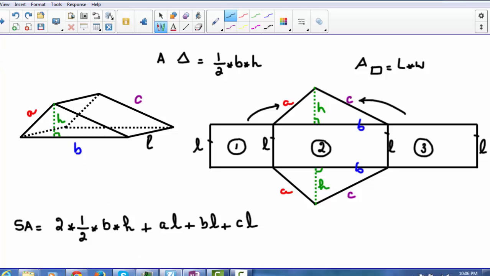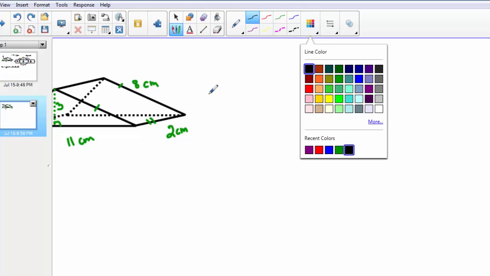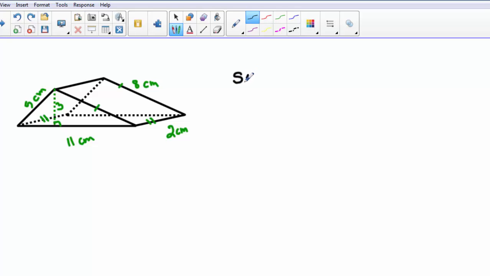So let's see the example, how we can solve the problem without memorizing this equation. Again, I'm going to use the black one, and I'm going to say the surface area equals, I know, 2 times the area of the triangle, one of the triangles, plus the area of 3 rectangular faces.